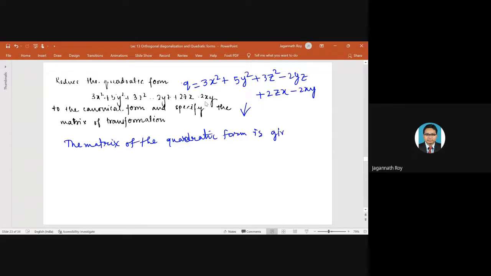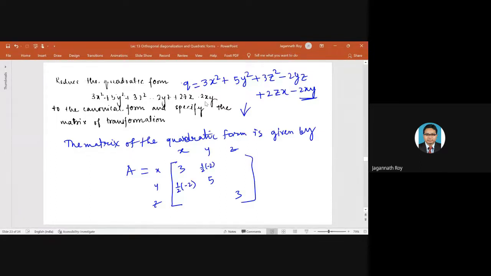It is given by A. So let us write: x, y, z, then x, y, z. You have here 3, y square coefficient 5, and z square coefficient 3. Now for xy, it is minus 2xy, so this is half of minus 2, and this is also half of minus 2.